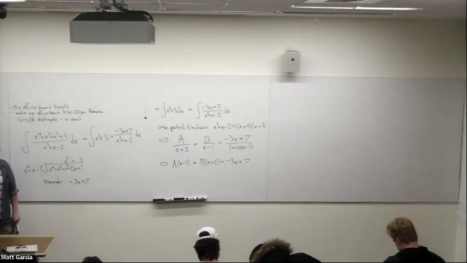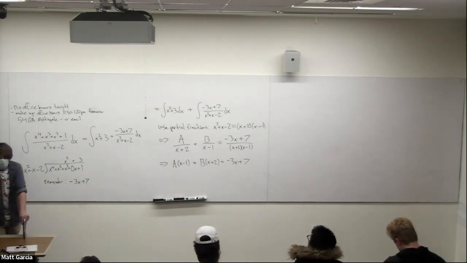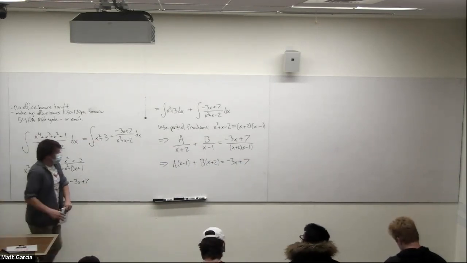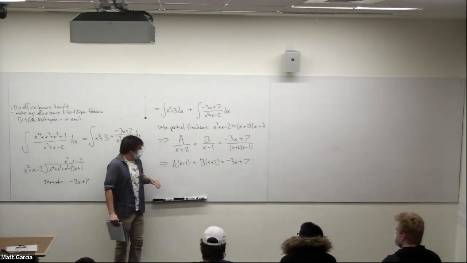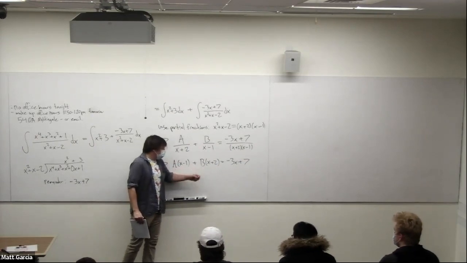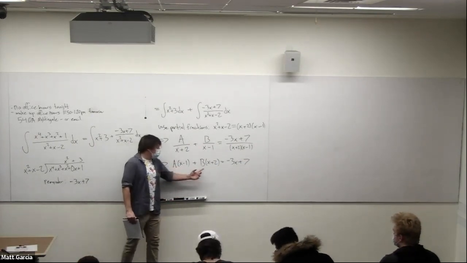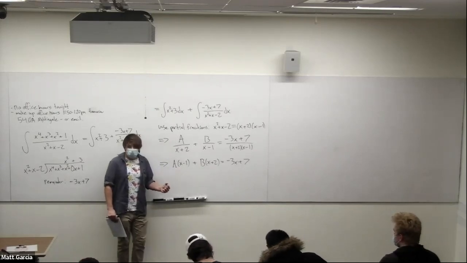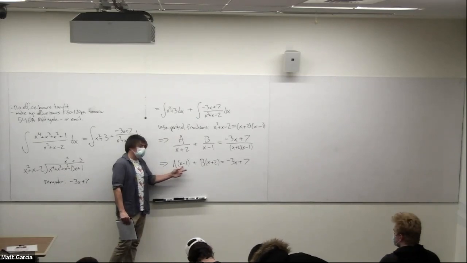Yeah, you substitute in different values of x until one of those equals 0. Yeah, exactly. We one by one find the values of A and B by inserting a value of x that turns one of these summands into 0.